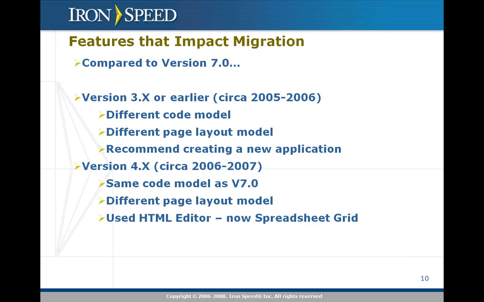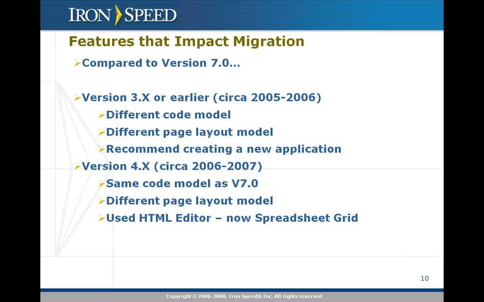Version 4.x, which is about 3 to 4 years old, is using the same code model, in the sense of the same calling patterns. It doesn't mean that more things haven't been added in versions 5, 6, and 7, but the code model is the same. And because the code model is the same, your code customizations should transfer without modification to version 7.0. No changes required.